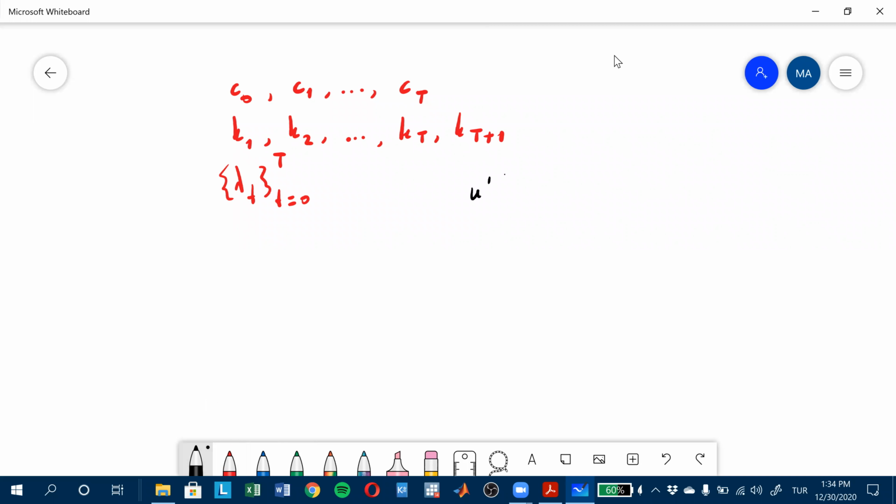Well, we assume that U is strictly increasing, right? So this plainly tells you that the budget constraint will always, okay, so this is positive. Look at the assumptions. This is positive, and this one goes to positive infinity, right? So these two imply that c_t is strictly greater than 0 for all t.